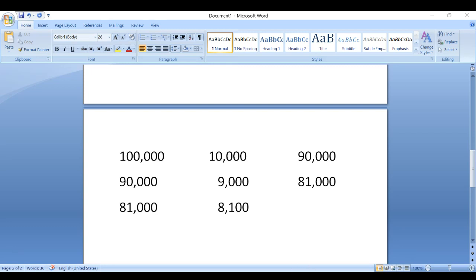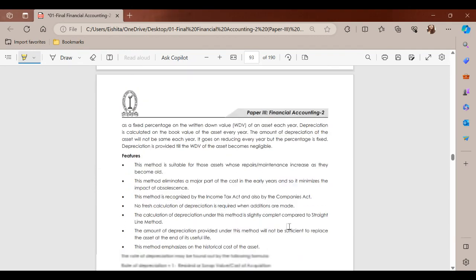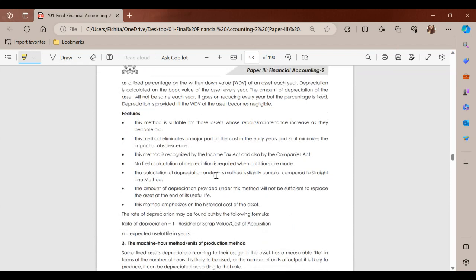Okay. This method is suitable for those assets whose repair maintenance increase as they become old. Okay.